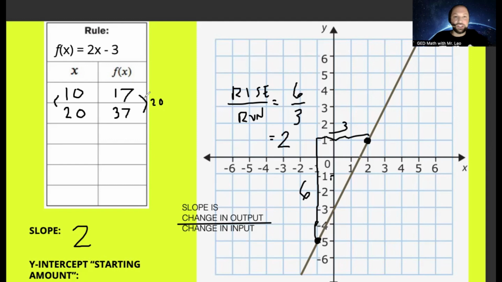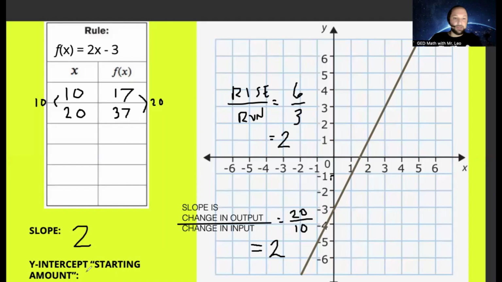That was the outputs. The change in outputs increased by 20. Here's the inputs. They're increasing by 10. So the change in output would be 20 over the change in input, 10. We get 20 over 10. Divide that. 20 divided by 10 is 2. Very nice, very nice. The slope here is 2.